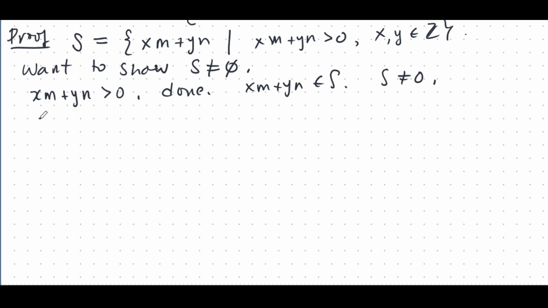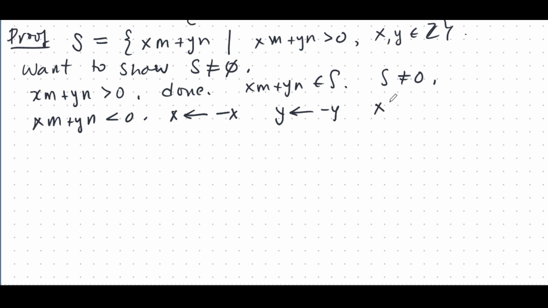All right, now let's say xm plus yn is less than 0. Well, we're almost done. We just reverse this. We substitute minus x for x and minus y for y, and now this becomes positive.